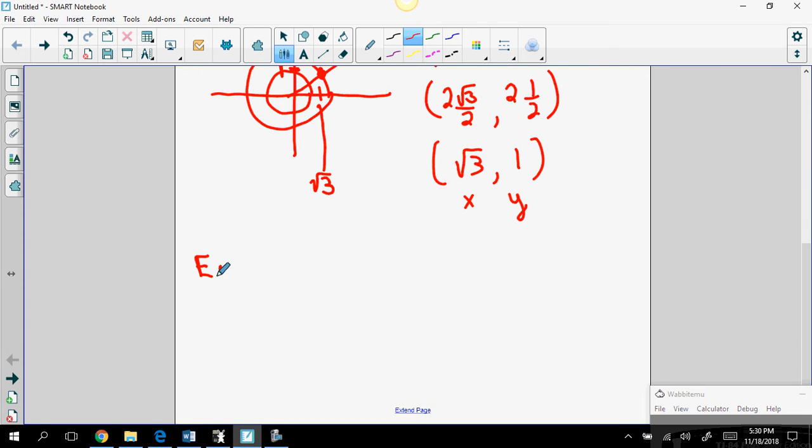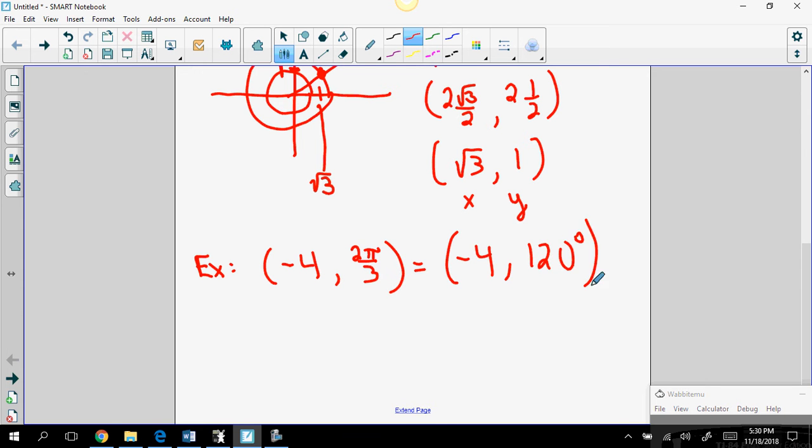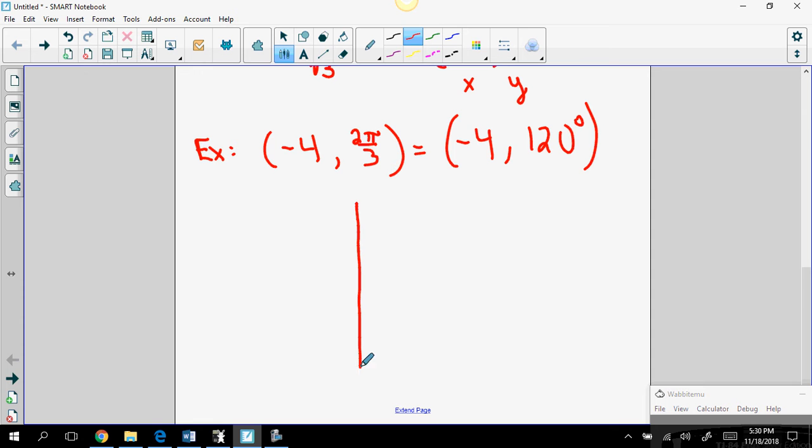Now, watch this. Here's an example. We have to tell you what a negative radius is. Negative 4, 2 pi over 3, which, in my realm, don't tell anybody, I'm a degree person. So what we do is we turn and burn 120 degrees, and you measure 1 unit, 2 unit, 3 unit, 4 unit, boom. Nope, that's wrong.